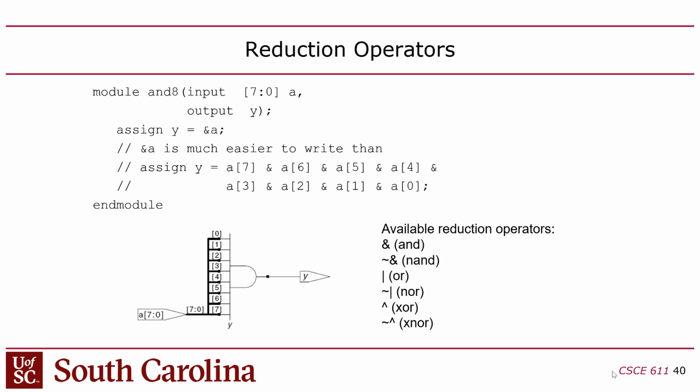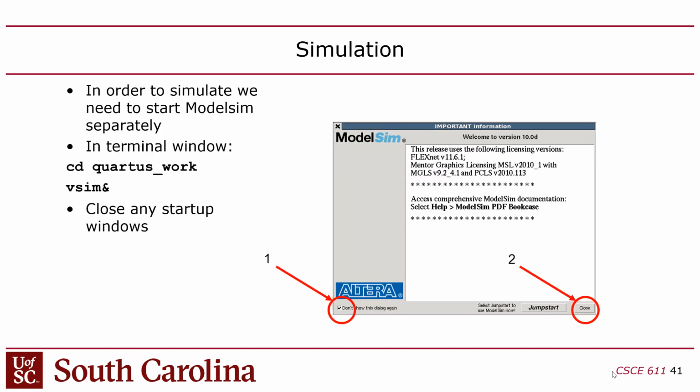They have reduction operators for AND, NAND, OR, NOR, XOR, and XNOR, right? You might say, wait a minute, isn't the most useful reduction an add, to add a bunch of values up? Yeah, they don't have one for that. There's no reduction for add. But they have them here for logic operations.